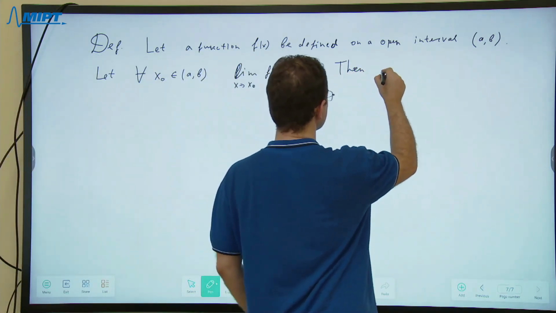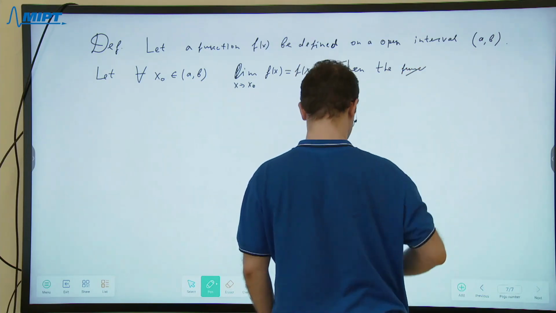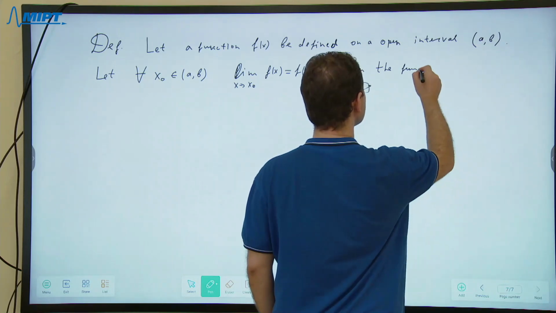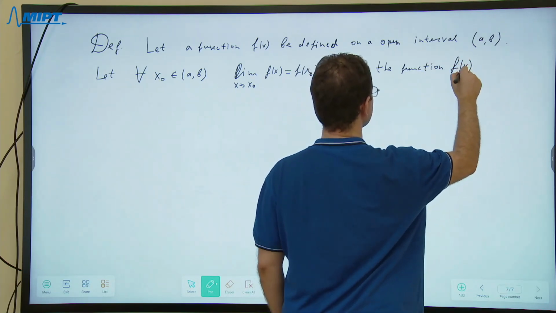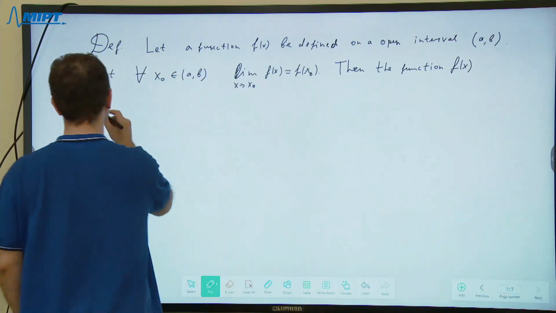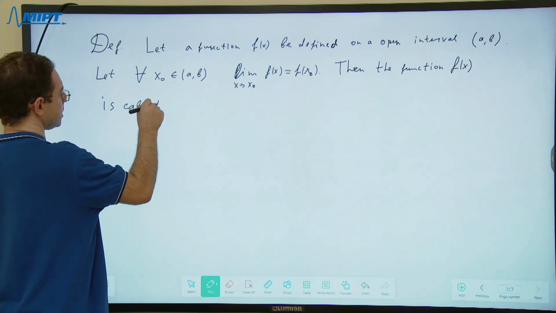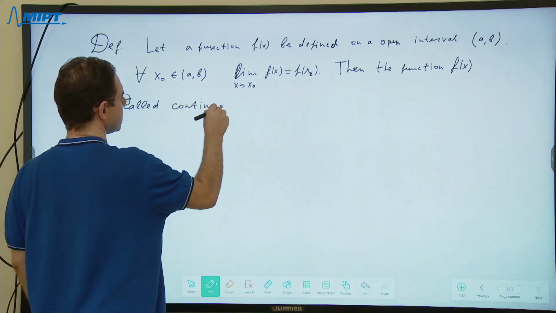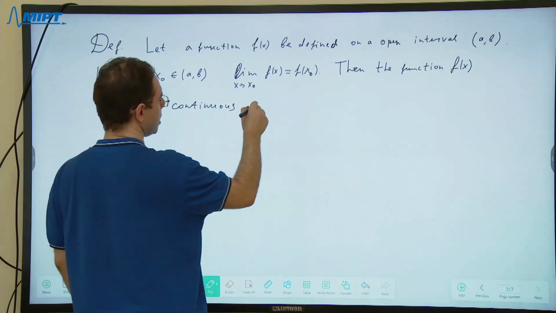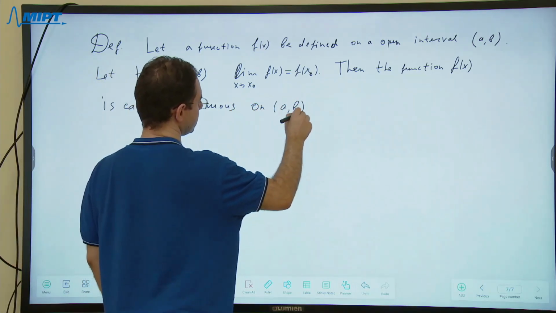Then the function f of x is called continuous on an open interval AB.